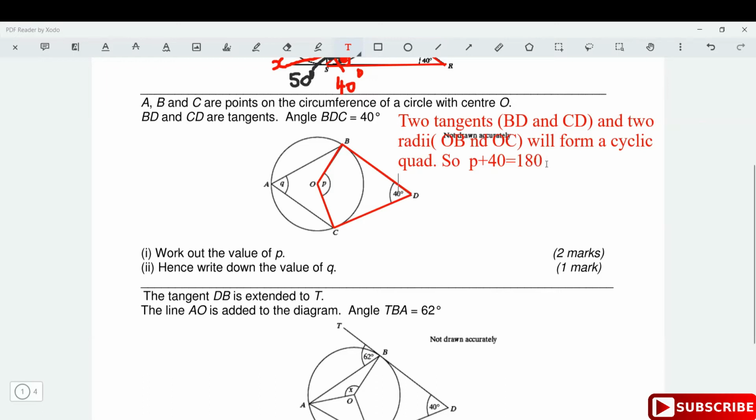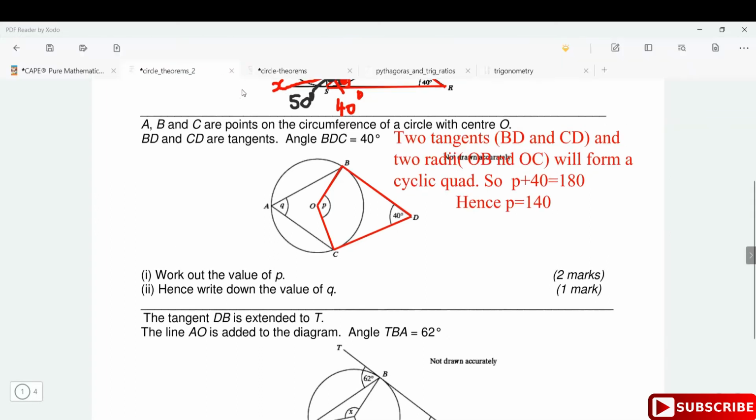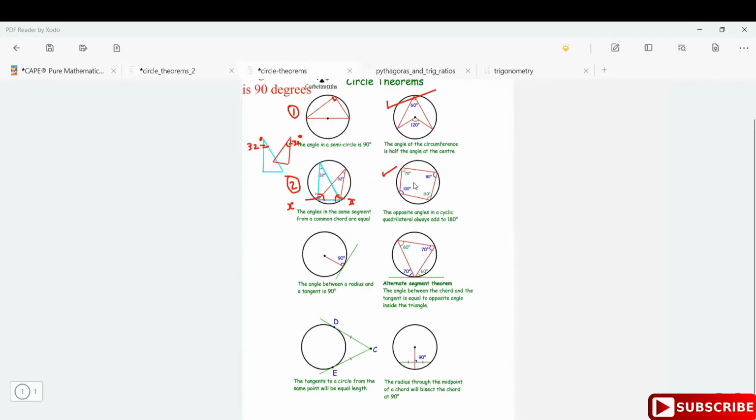And so you can tell them now, hence, P equals 140. All right, because opposite angles in a cyclic quad sum to 180. Just to show you about that rule, opposite angles in a cyclic quad always add up to 180.